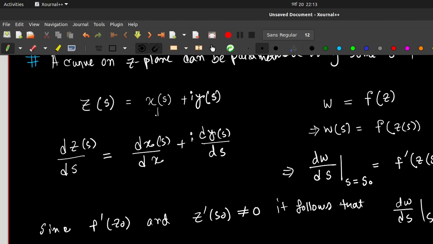So we can write this line, which we label as equation 1.